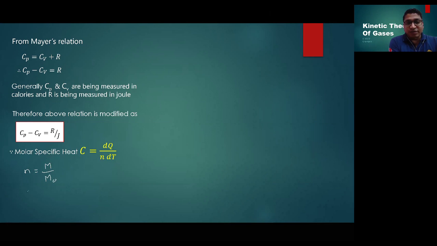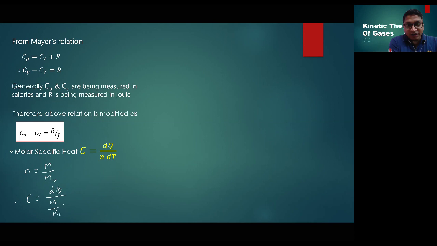So we can write C as dq upon m dt times m naught, that is, m naught into dq upon m dt.